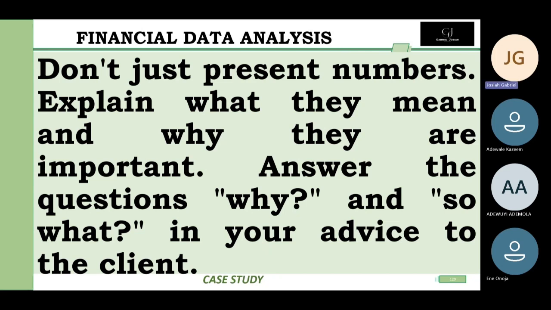What do the numbers mean and why are they important? So answer the questions why and so what. You see, why and so what are very critical questions you answer for the client. So in your advice to the client, you need to explain why and so what. And the numbers and their explanation speak to that very practically.